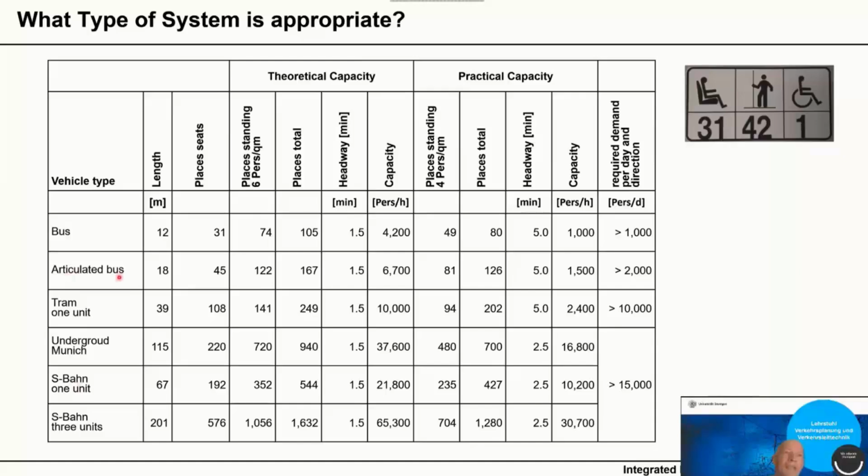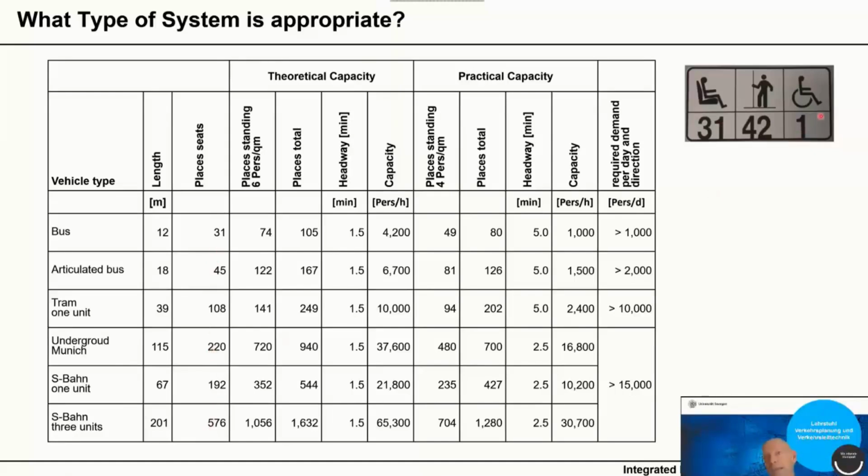Bus, articulated bus, trams, underground, S-Bahn or commuter trains. They have specific places. The number of places varies with the make. So an underground in Munich may have different capacity than an underground in London, for example. Now here are selected values, just the seats.